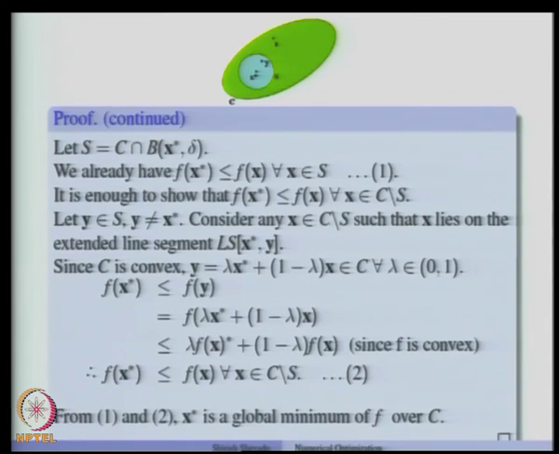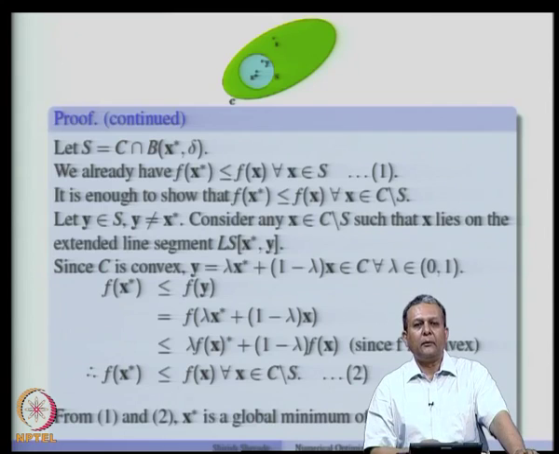Okay. So this is an important theorem which says that for every convex programming problem, a local minimum is a global minimum. So, the next question that we would like to ask is that suppose a convex programming problem has multiple local minima which also are now global minima because of this theorem.